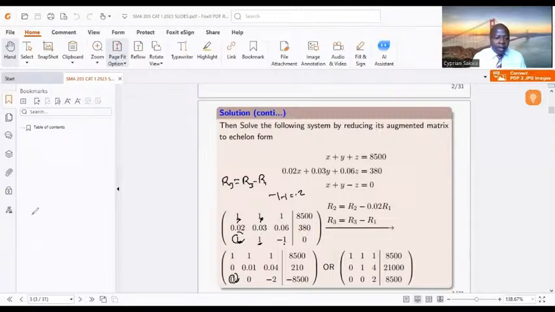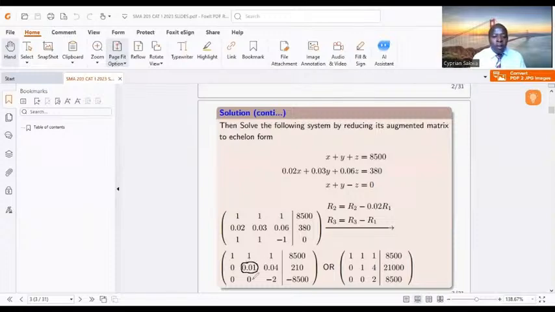Now, I've achieved what I wanted. What I wanted was to have 1 as the only non-zero element in the first column and have zeros elsewhere in the first column.